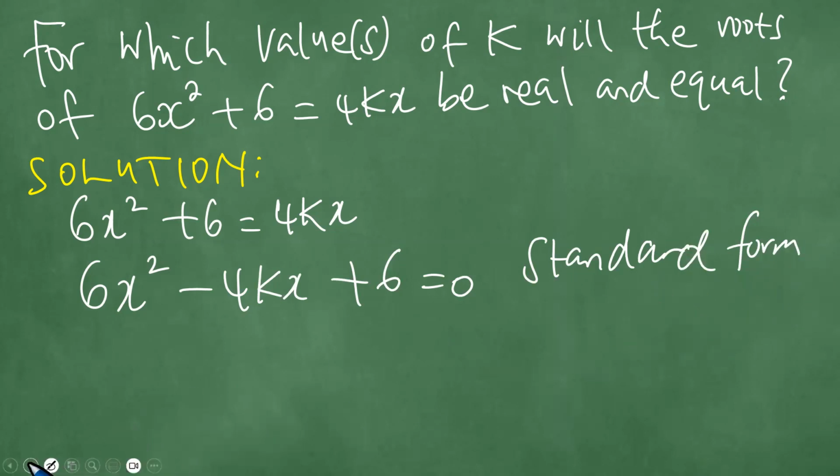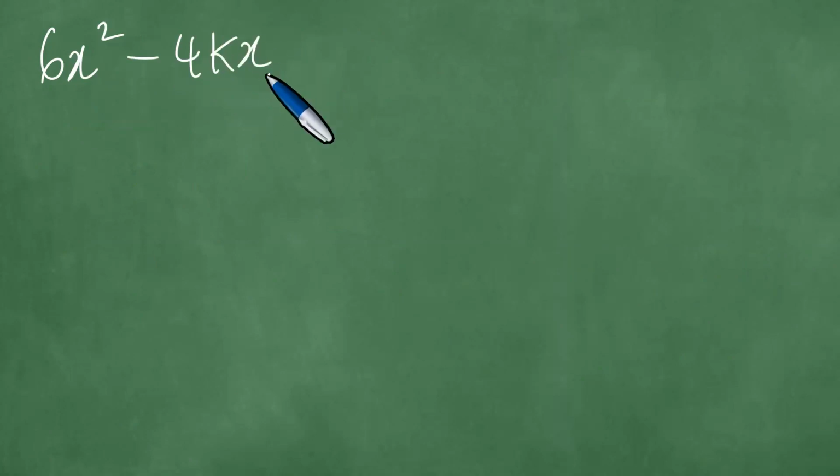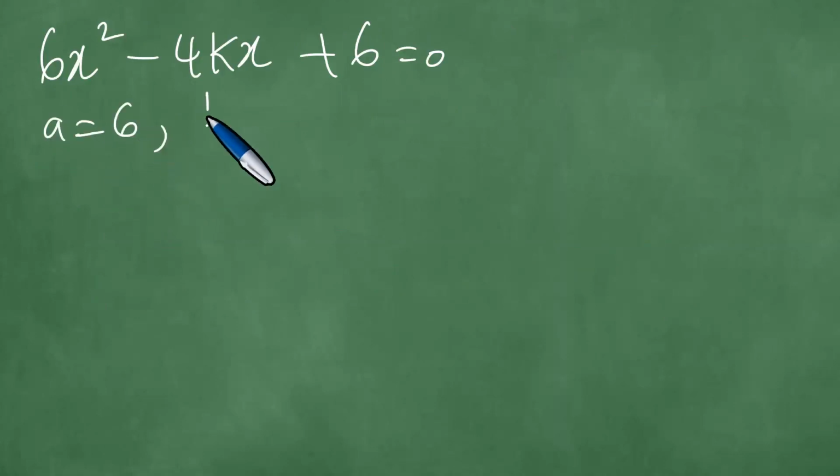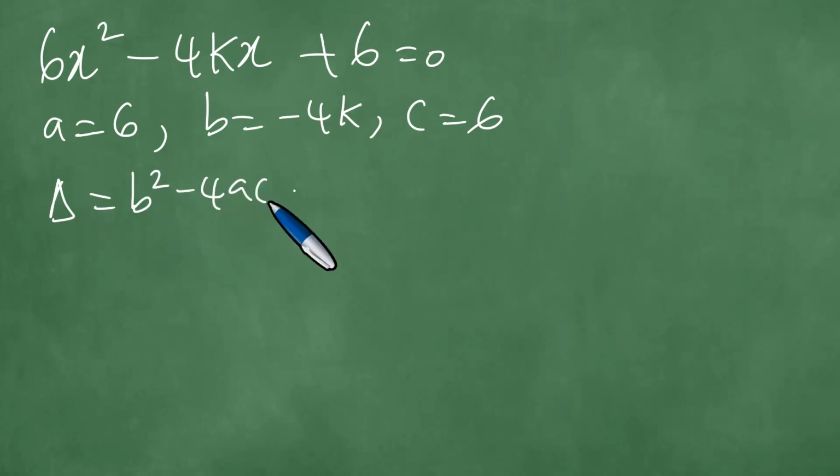So if you have 6x squared minus 4kx plus 6 equals 0, which means a is 6, b is minus 4k, c is 6, this is b squared minus 4ac.